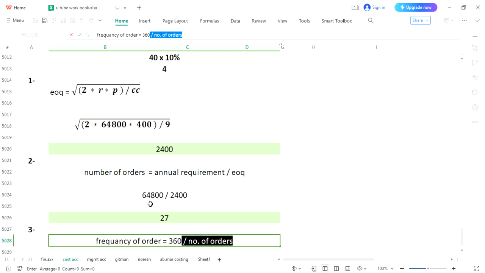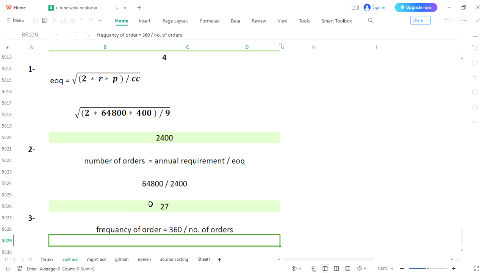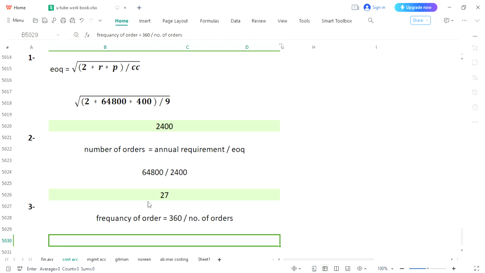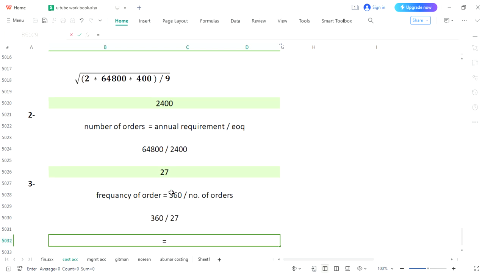We are taking 360 and it would be divided by number of orders. 360 is a fixed amount, you will directly put it, and number of orders, you can see that in second requirement number of orders were calculated 27. Statement is completed. Now you can put it on calculator, divided by 27.